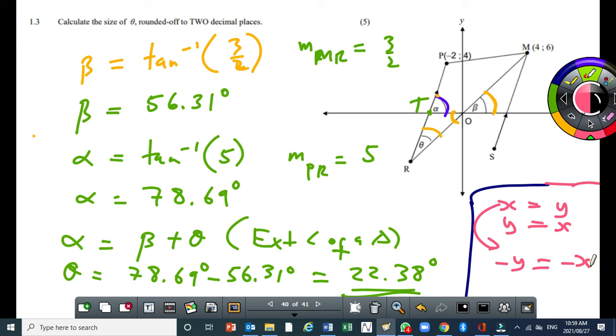And then you divide by minus 1. You come back to this. Eventually both will be positive. It comes from your knowledge of equations. So here, if I want to calculate theta, if I take the beta to the left, we'll get alpha minus beta. If alpha minus beta is equal to theta, it therefore means that theta is equal to alpha minus beta.